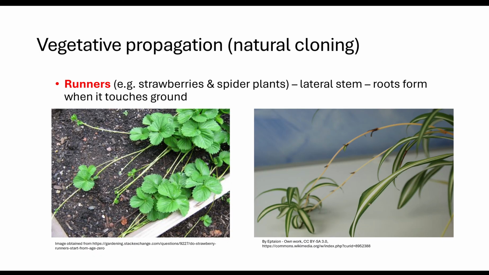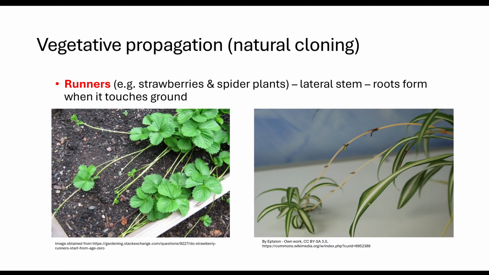So you can see that with regards to runners in our strawberries or in our spider plants. We call them runners because these are lateral stems that are going to grow, and when they touch the ground, that is where you are able to then see that development of the roots.